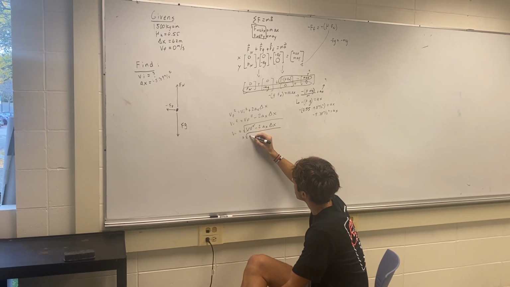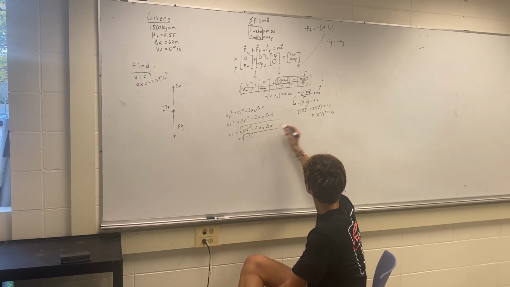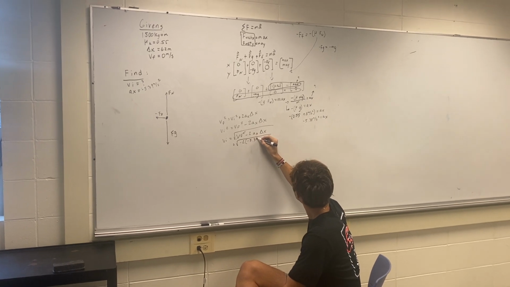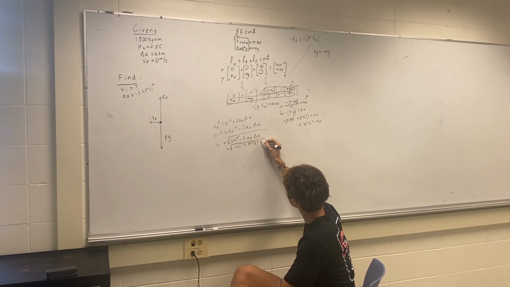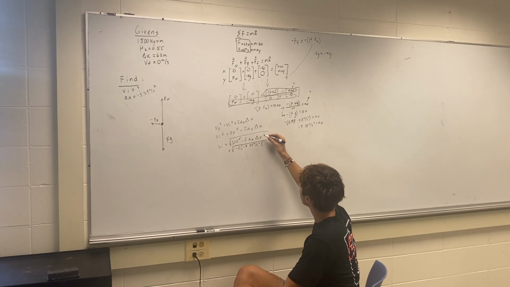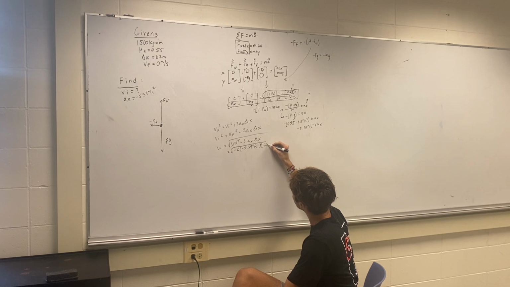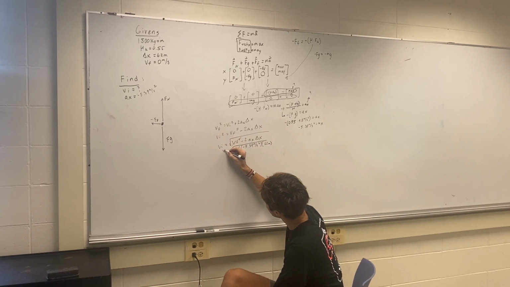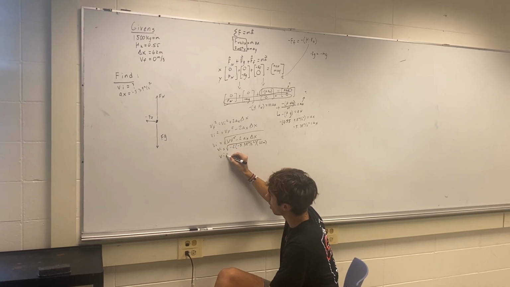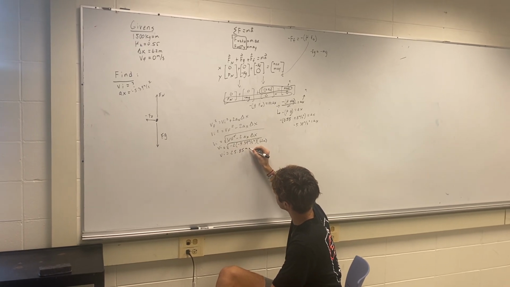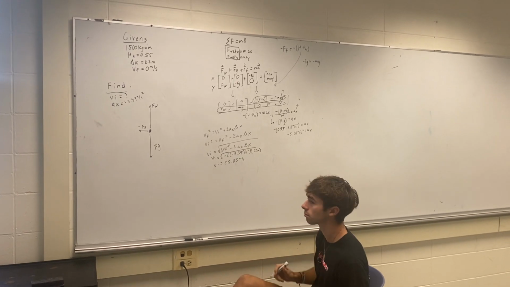So it's going to be a negative 2 times our acceleration, so negative 5.39 meters per second squared, and then the change in x, which we know is 62 meters. So then vi is equal to 25.85 meters per second.